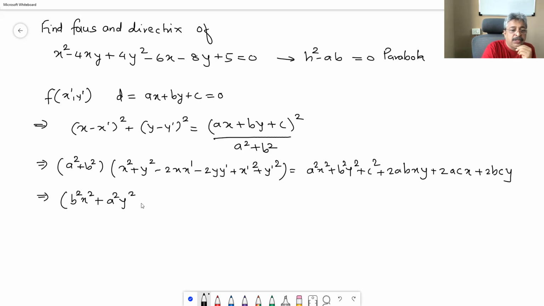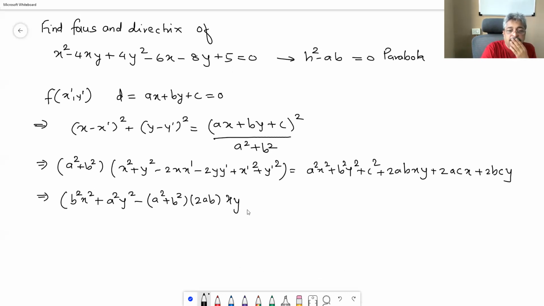If we bring it to the LHS, then we have a square plus b square times, 2ab, somewhere I have to put a minus sign, times xy, correct?